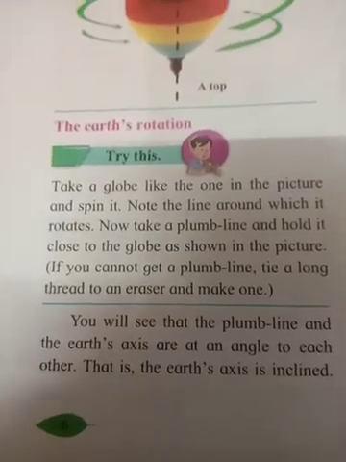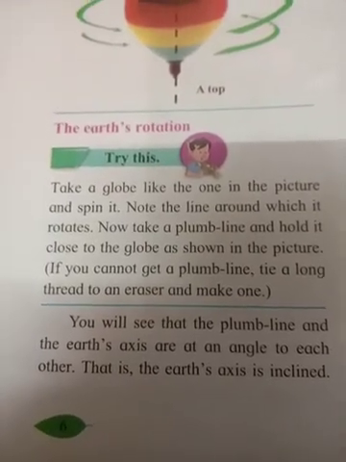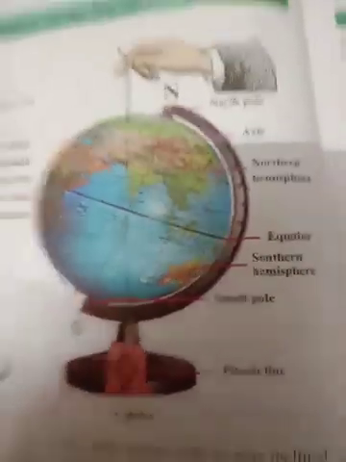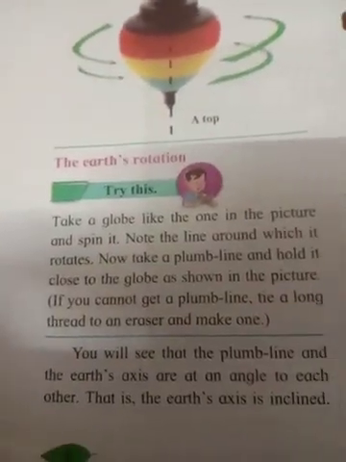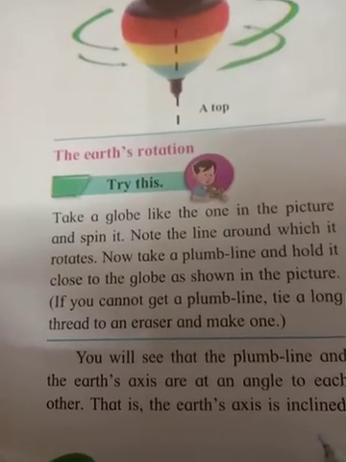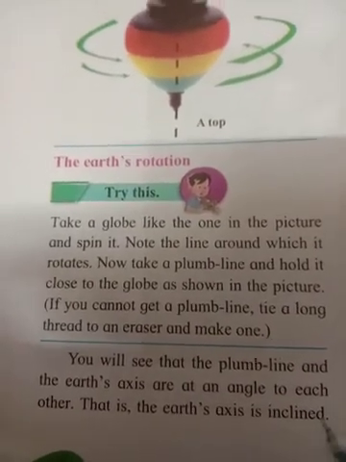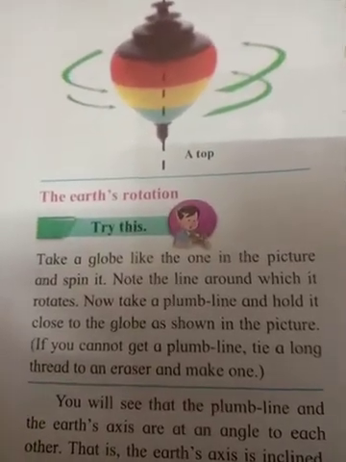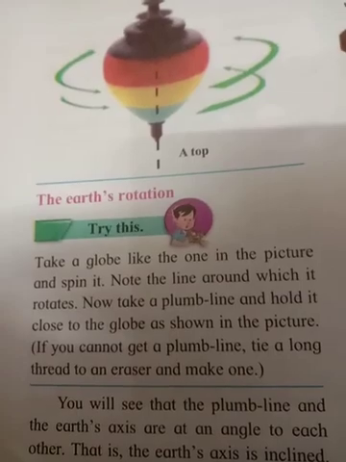Now take a plumb line and hold it close to the globe as shown in the picture. If you cannot get a plumb line, tie a long thread to an eraser and make one. We can also use an eraser and thread and make a plumb line.